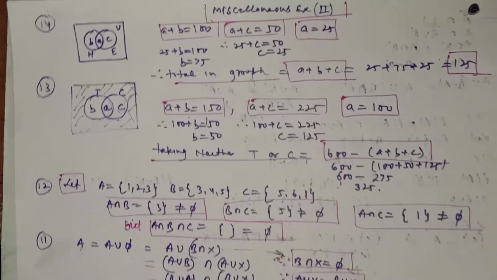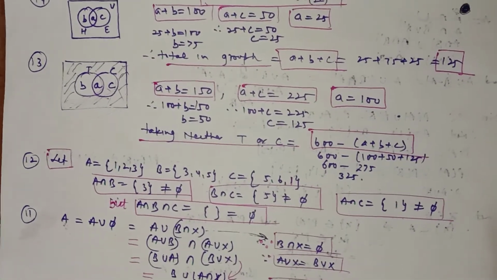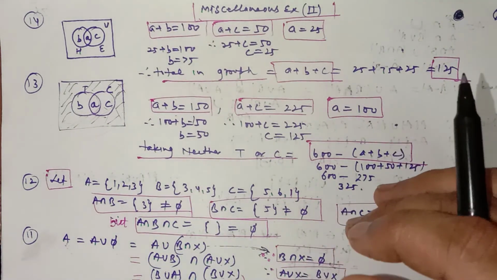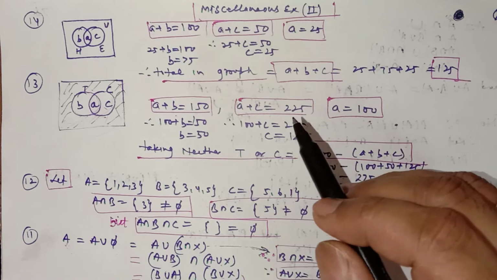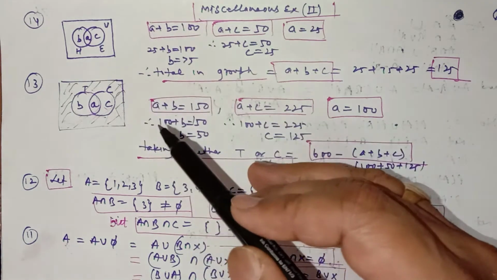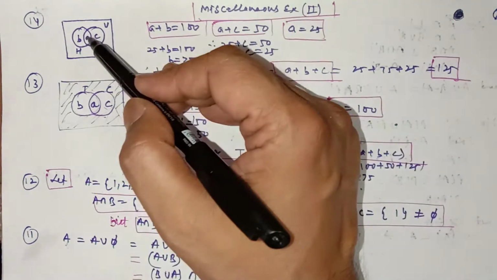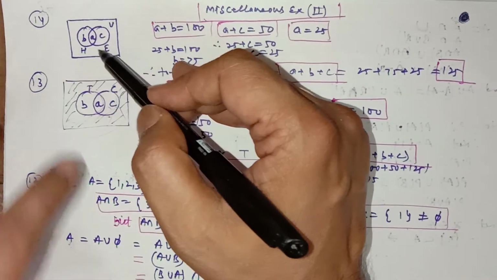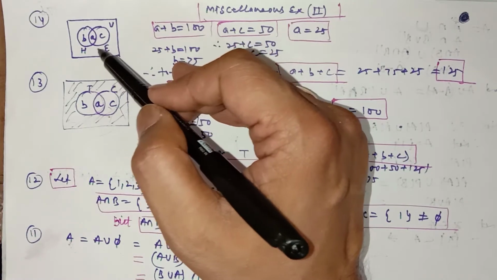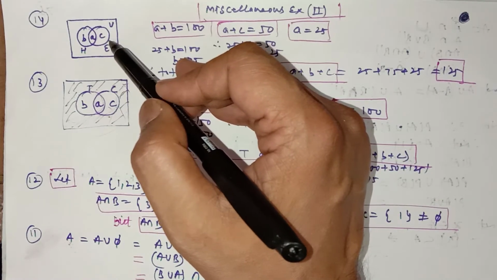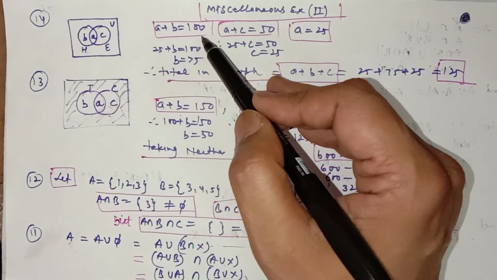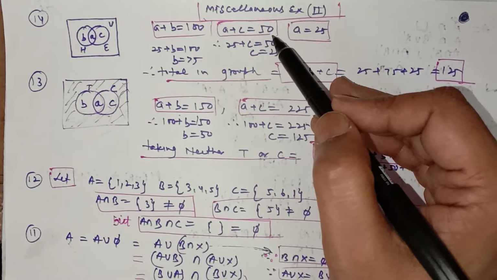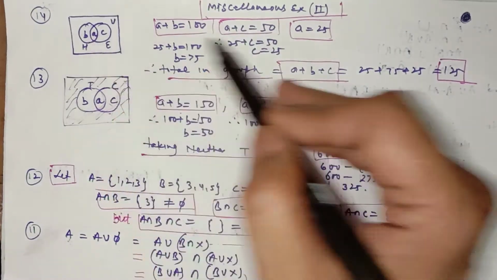So both of these are very important questions, and they are very good questions based on the Venn diagram. In question number 14, based on 2 sets only, it is given that in a group of 100 students, 100 students know Hindi and 50 know English. So you have to draw the 2 circles only, H and E, Hindi and English. 100 students know Hindi, so A plus B is 100. 50 know English, that is A plus C is 50, and 25 know both, that is the value of A is given.